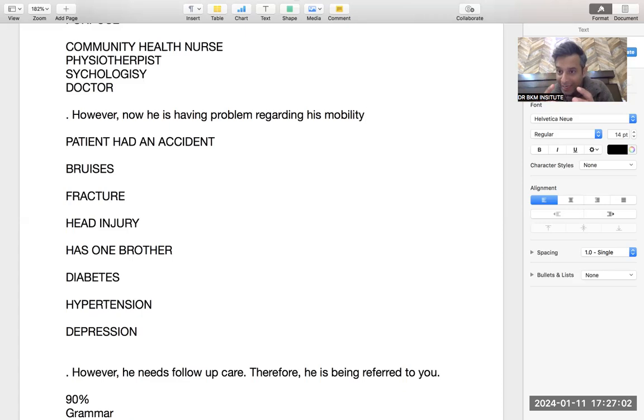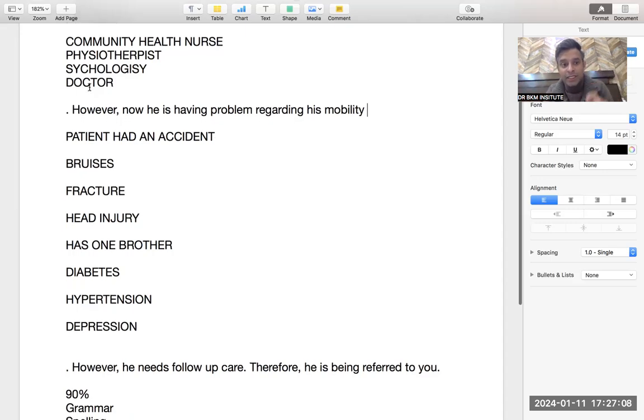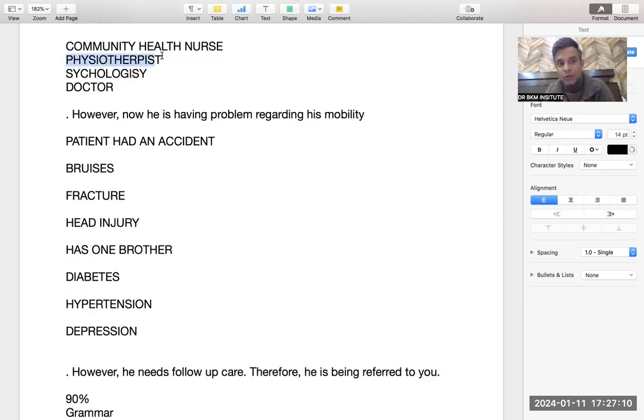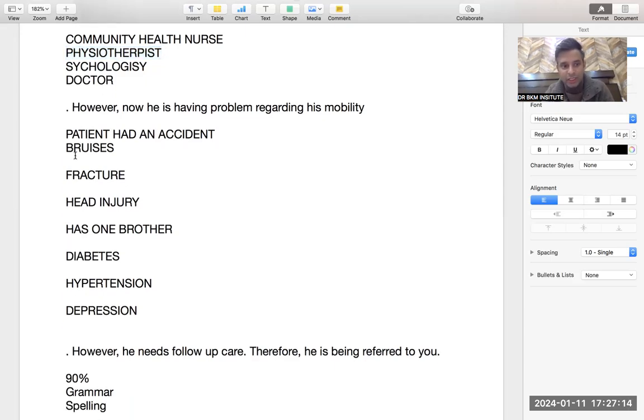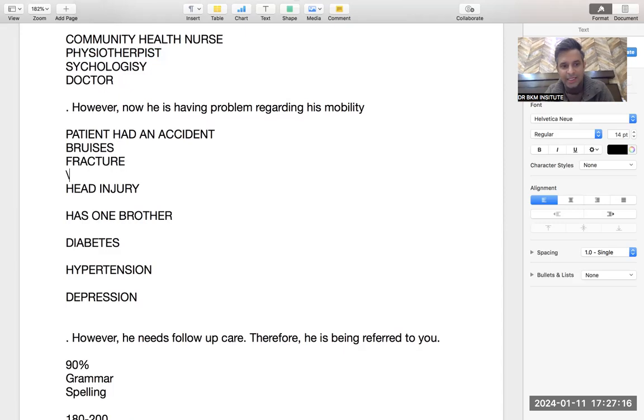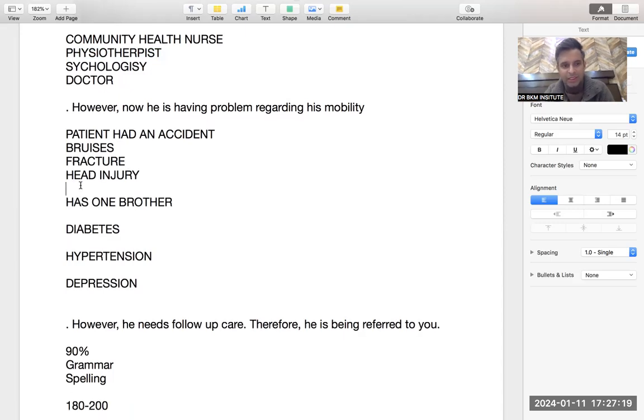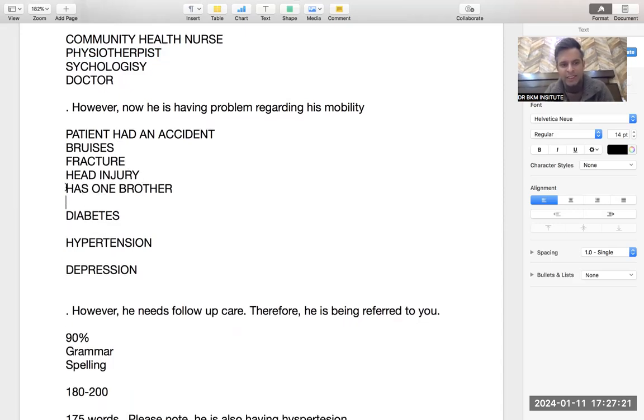So you have to select the data. In OET writing, you don't have to create data. You have to select data: what is important according to the person whom we are writing the letter. So I'm considering the same letter: patient having bruises, fracture, head injury, has one brother, diabetes. Or maybe suppose he does not have a brother, he is alone.